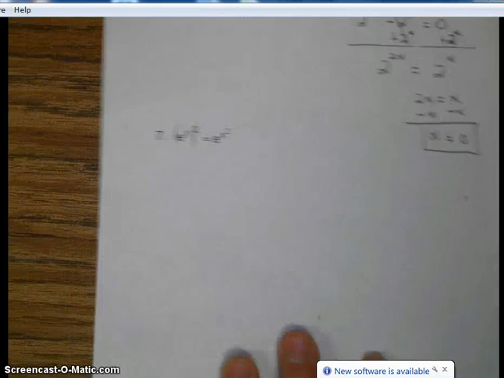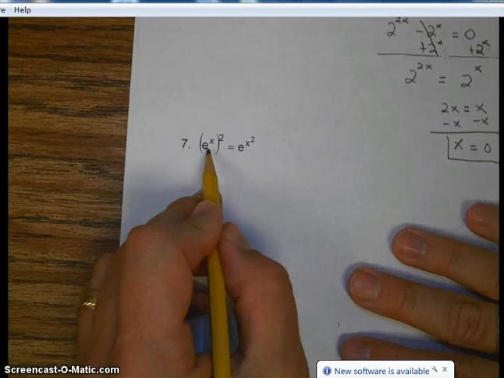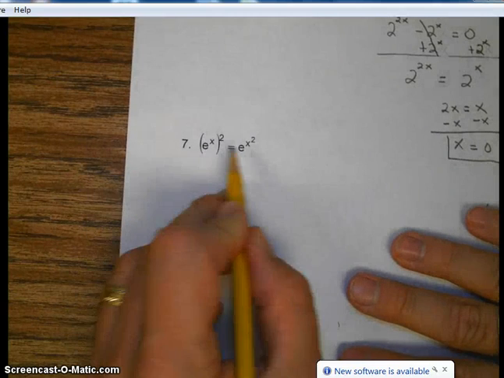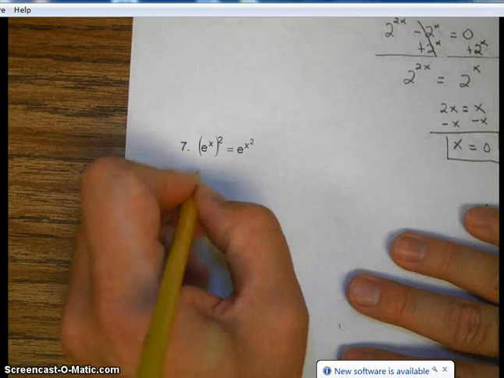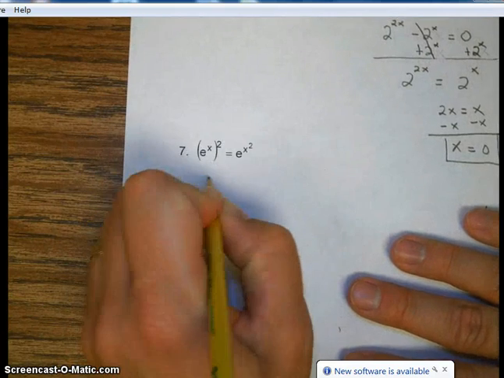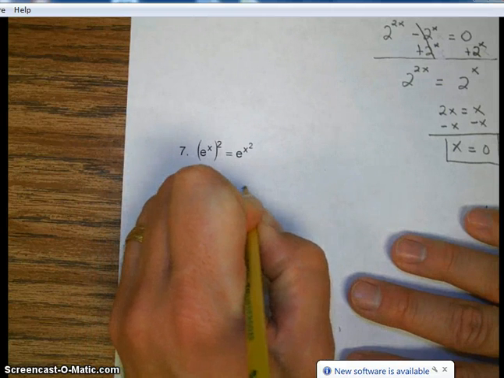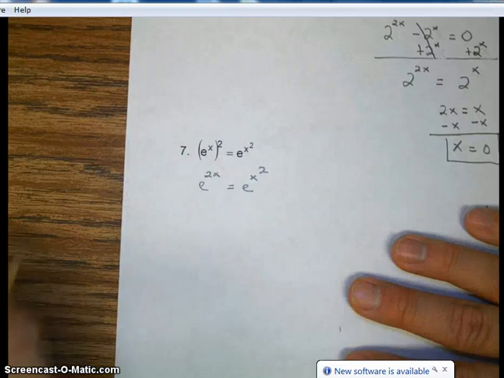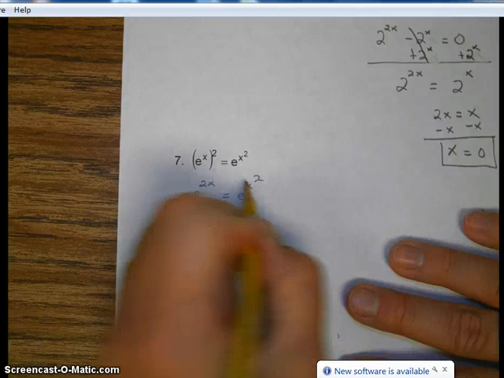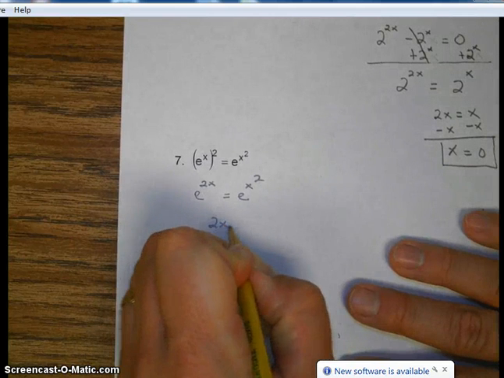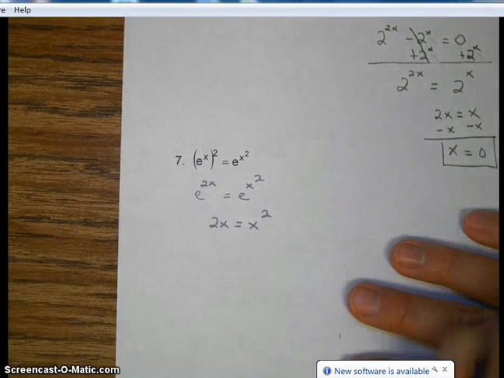All right, last one. Don't let the e throw you off. The e's are the same, so all we have to do is do some simplifying here. Exponent to an exponent, we get e to the 2x equals e to the x squared. Notice the bases are the same, so we can set the exponents equal to each other. And now we solve.